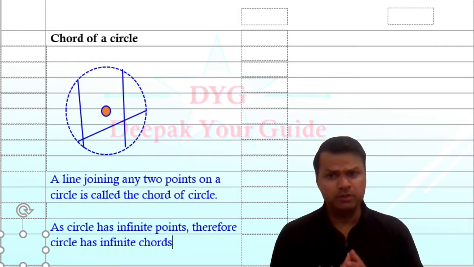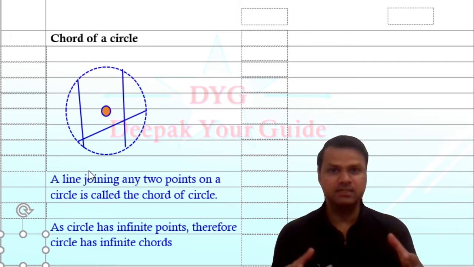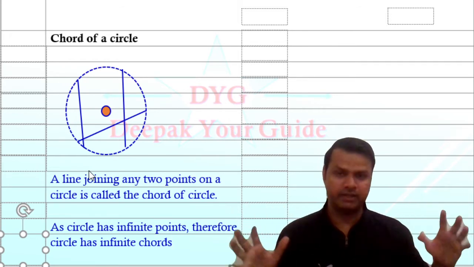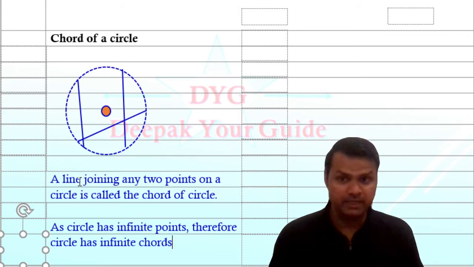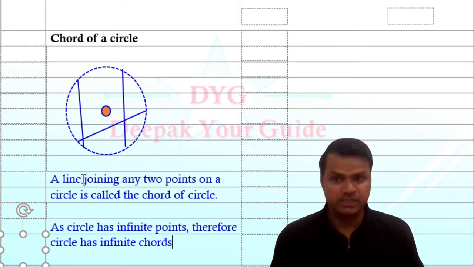I hope you got the basic idea of what a chord is. A chord is a line segment which joins 2 points on the circle. Generally it's a line segment, because a line is infinite and goes in both directions. So this is actually a line segment that joins 2 points on the circle.